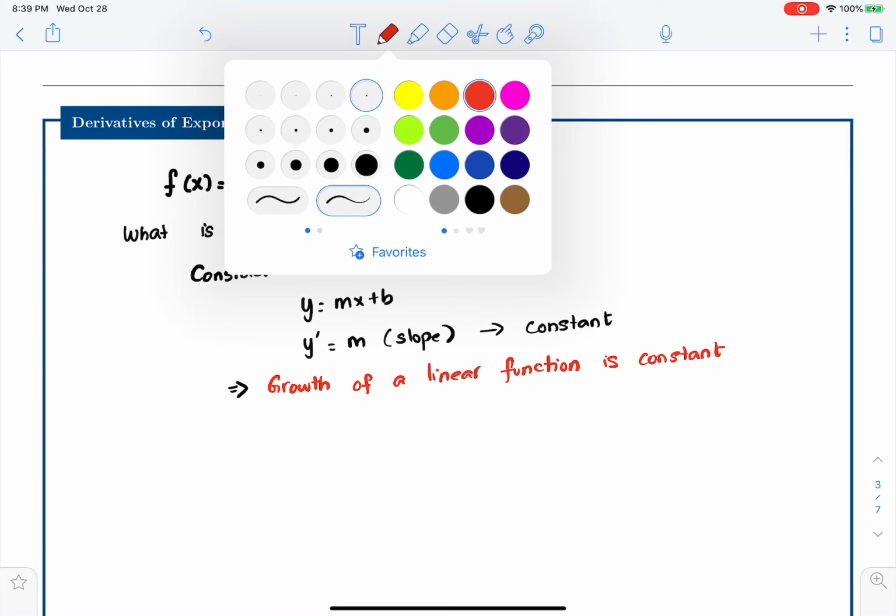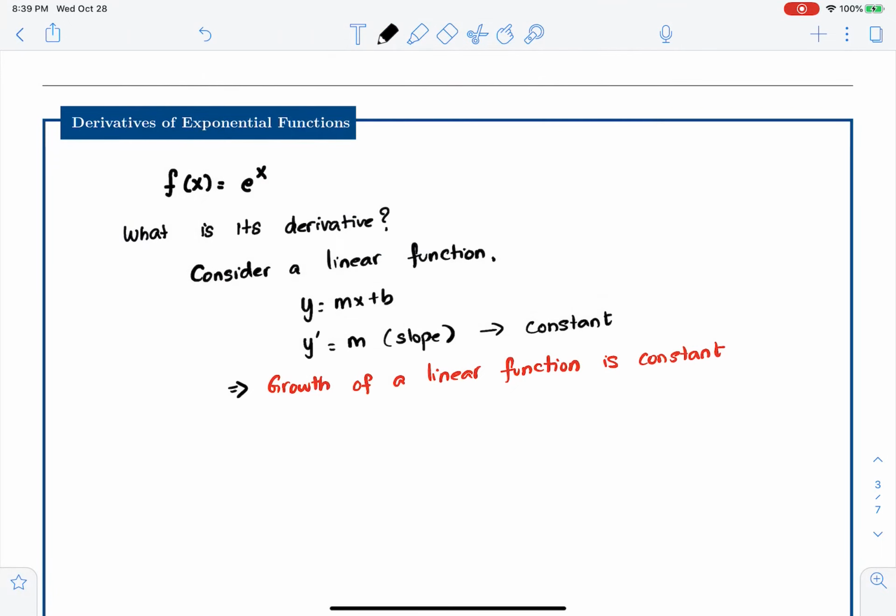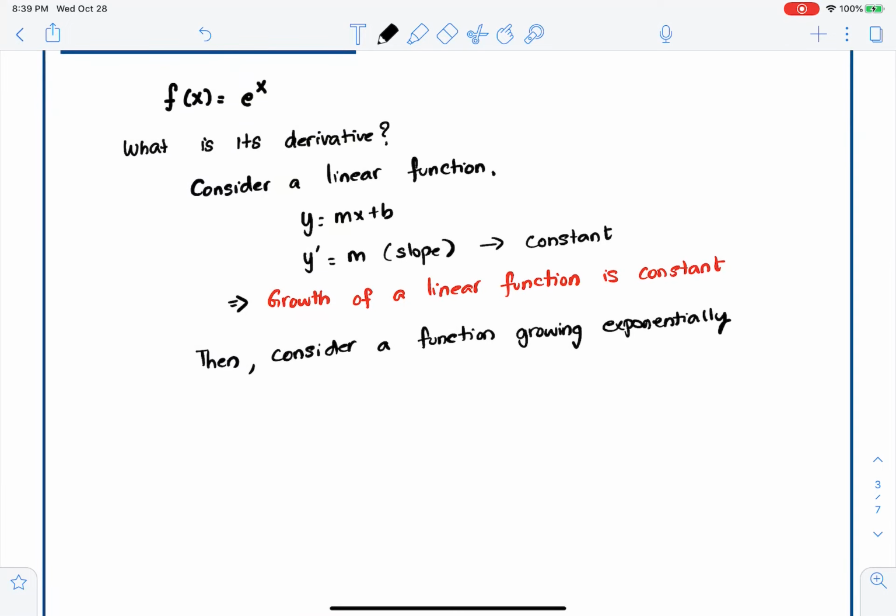If something is growing exponentially, the rate at which it's growing must be exponential also.